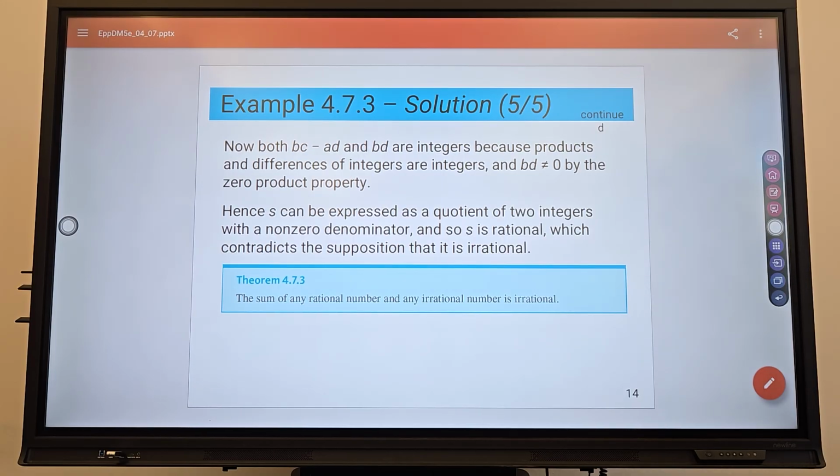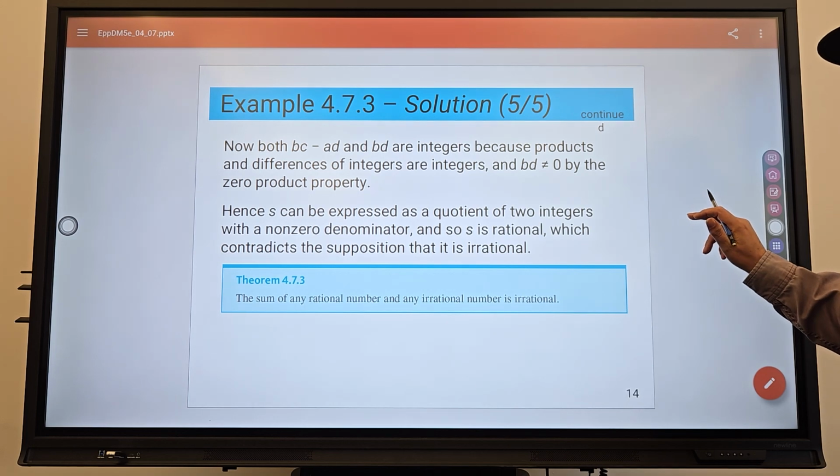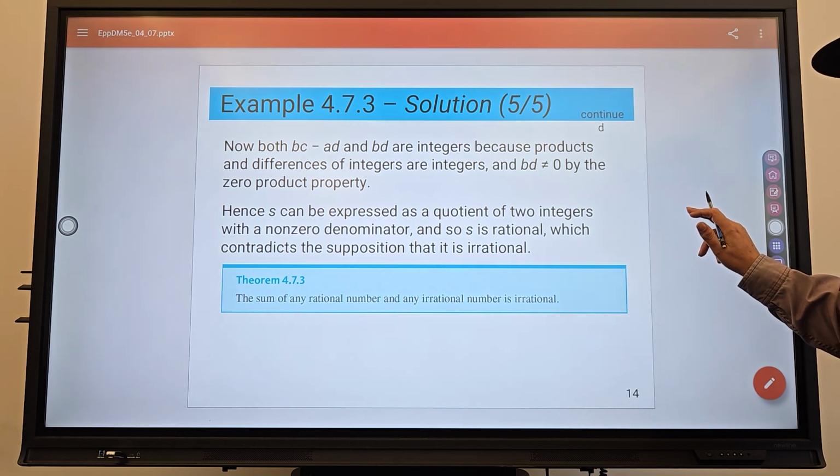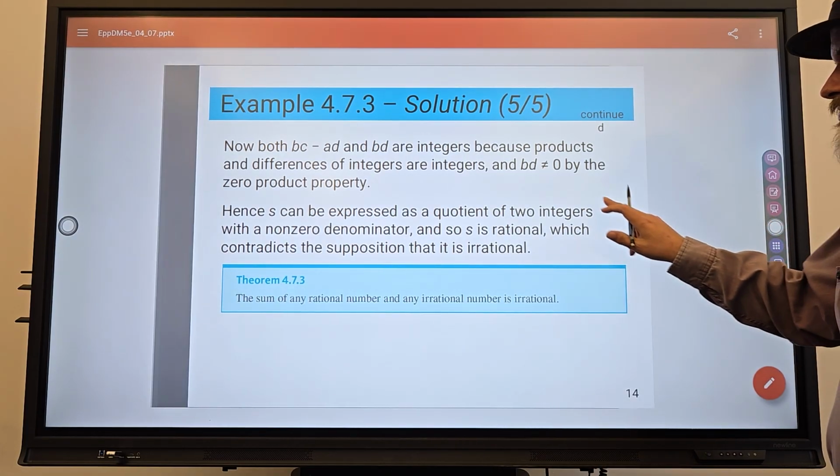Hence S can be expressed as a quotient of two integers with a non-zero denominator, and so S is rational, which contradicts the supposition that it is irrational. So the sum of any rational number and any irrational number is irrational.